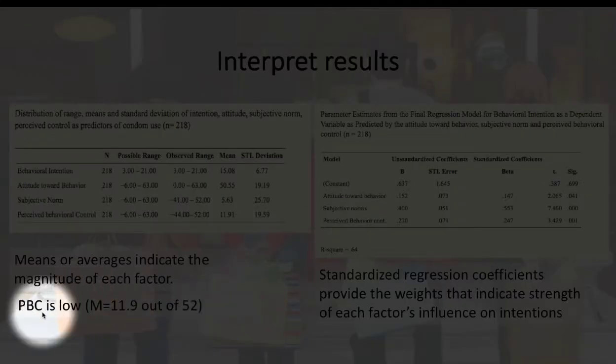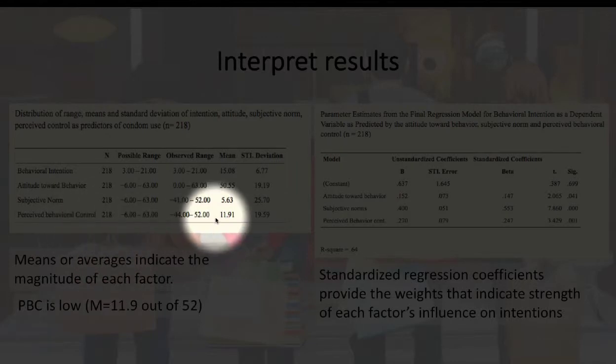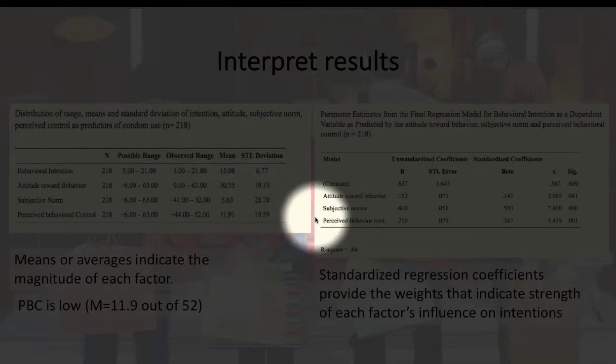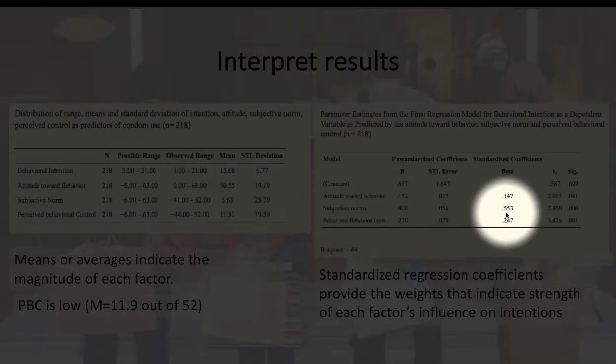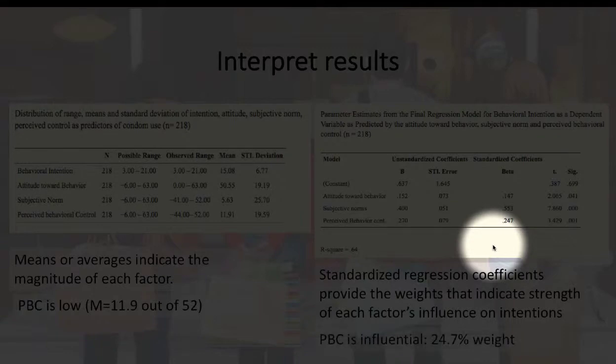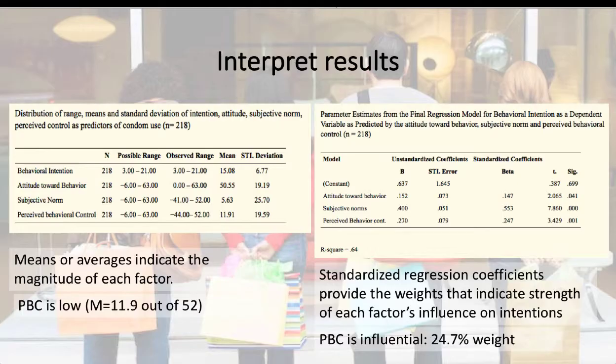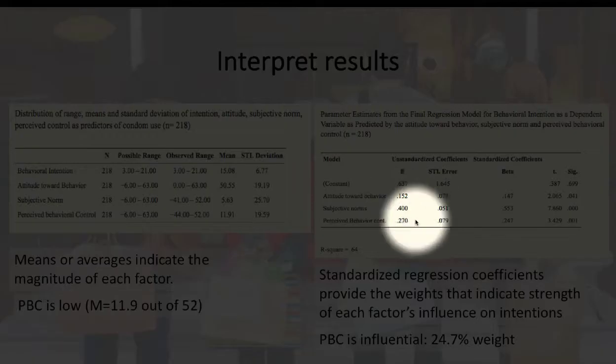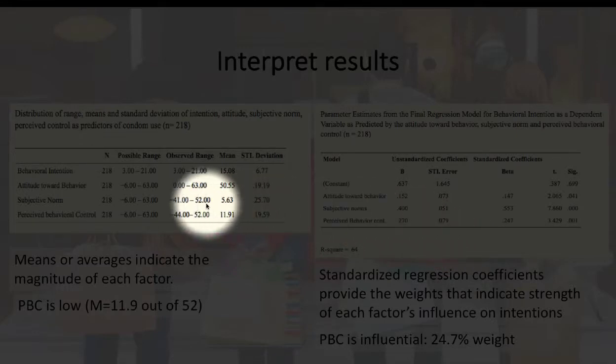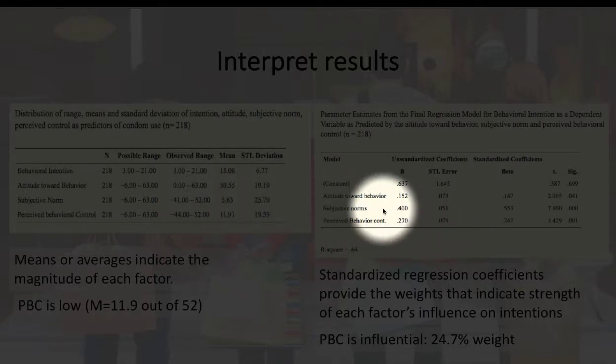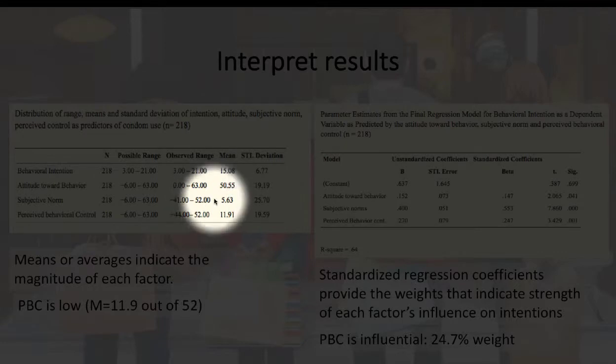And so here we see that perceived behavioral control is low relative to the scale, and so is subjective norm. So these two are the most heavily weighted factors, the most influential factors. So we'd be particularly interested in their magnitude. For subjective norm, obviously a larger number would mean more positive social influence, but here it's pretty low.